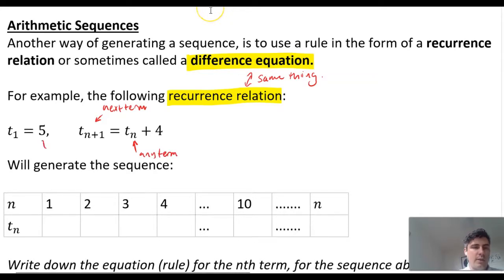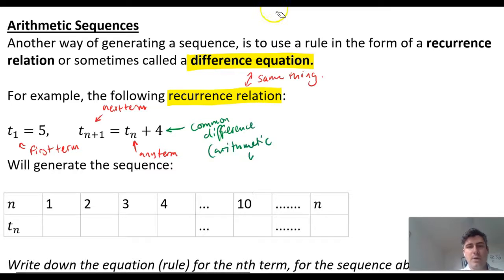T1 is the first term. So the first term for this sequence is obviously 5. And lastly, this is the bit that makes it arithmetic, this is called the common difference. Okay, and that's for arithmetic only. So the common difference here is going up by 4 every time.